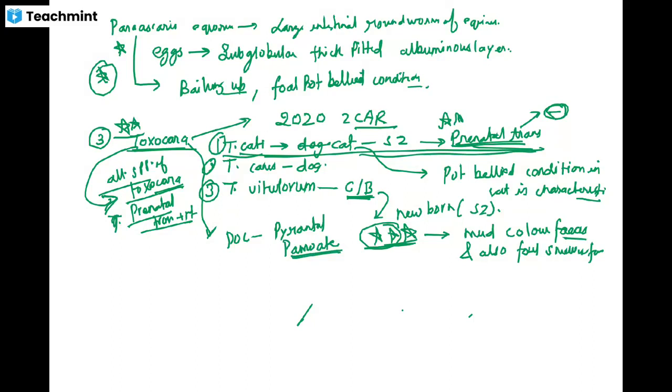अब इसका prenatal transmission, colostral transmission, and direct transmission. There are three transmissions in case of the Toxocara species. तो इसकी भी लाइफ साइकिल थोड़ी सी इम्पोर्टेंट है। तो I will discuss this life cycle. So the life cycle is direct but complex.